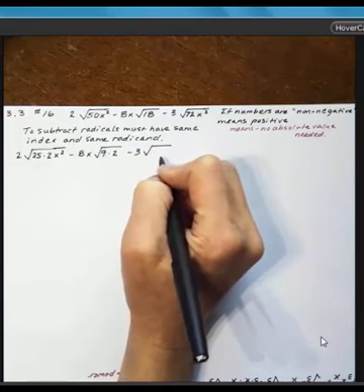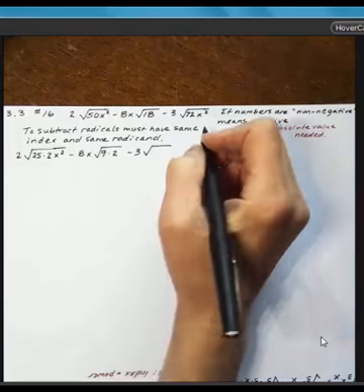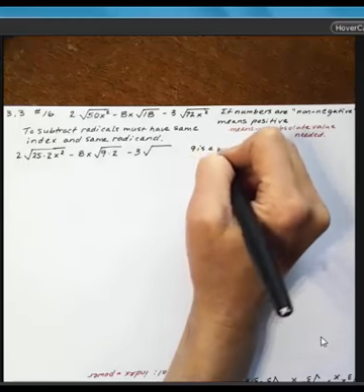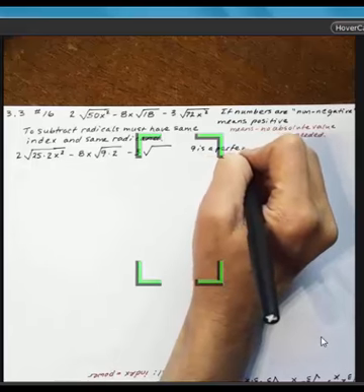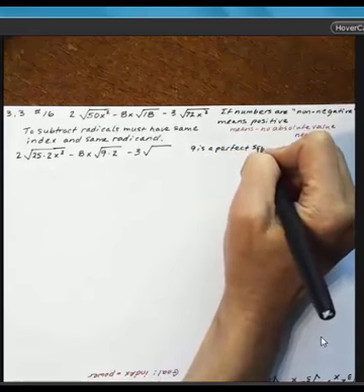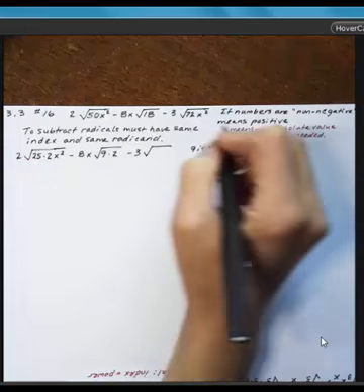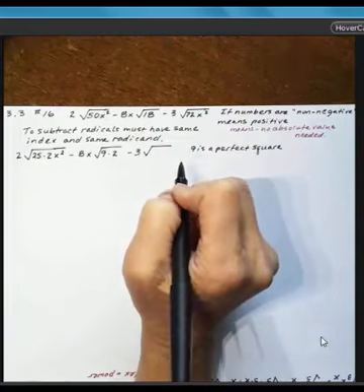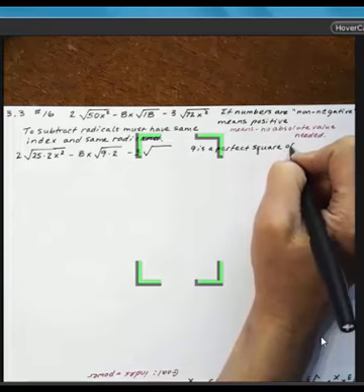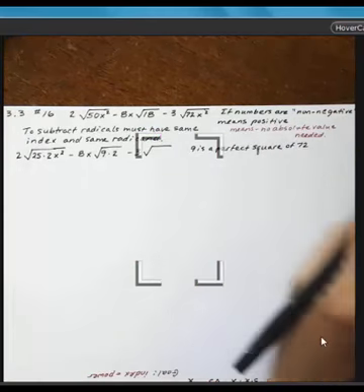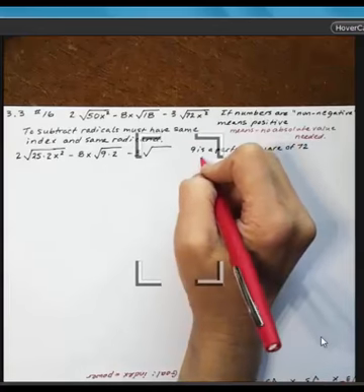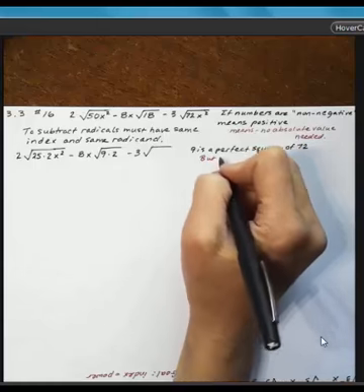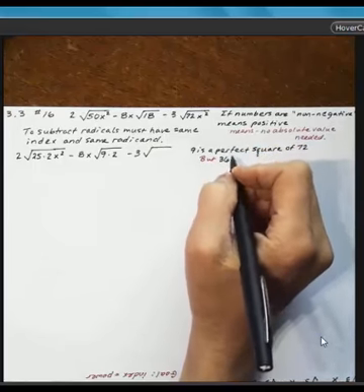On the third radical, now I could use 9, so let me write this down. 9 is a perfect square, but it's not the biggest perfect square that is a factor of 72. So it is a perfect square of 72, but 36 is a better perfect square.